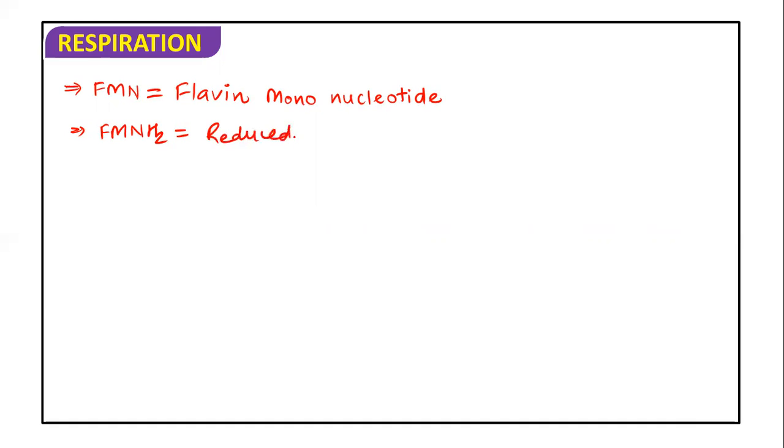Before that, we should note down some points. FMN is flavin mononucleotide, and when we write FMNH2, we call it reduced FMN, that is reduced flavin mononucleotide.